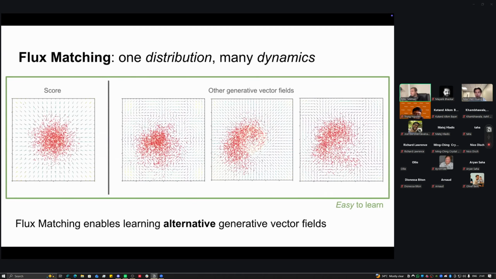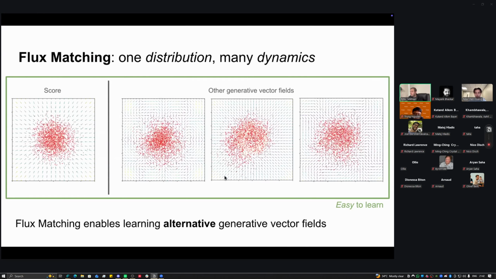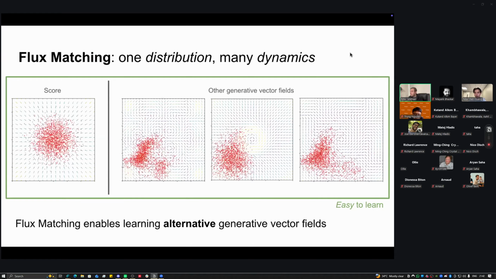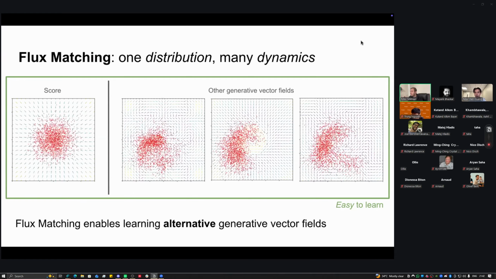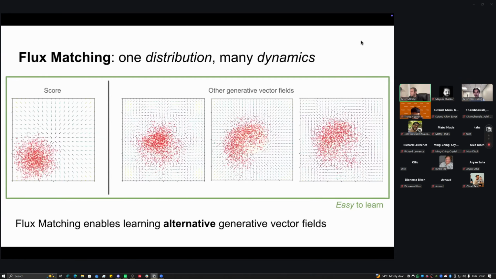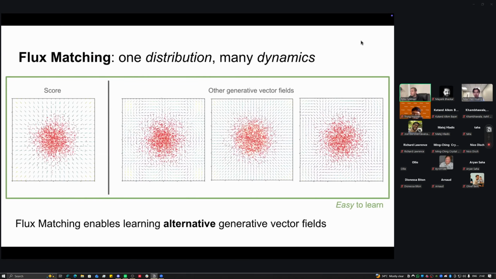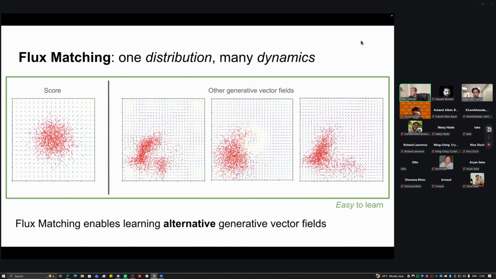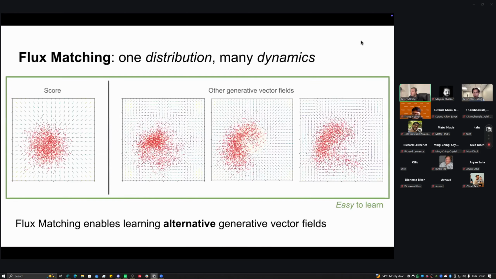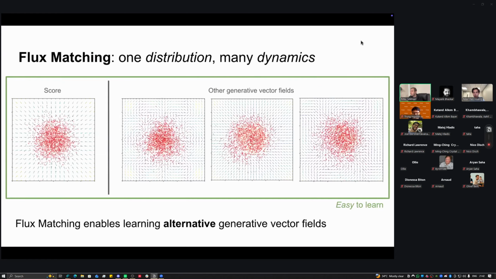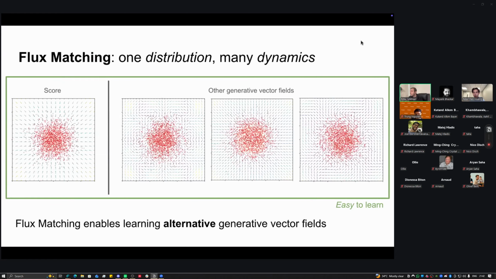Before you continue, let me pause here for a second. Maybe it becomes clear later, like a construction where you start with the result you end with, but a priori, is there a reason you had going in for why you would want to learn other vector fields than the score?